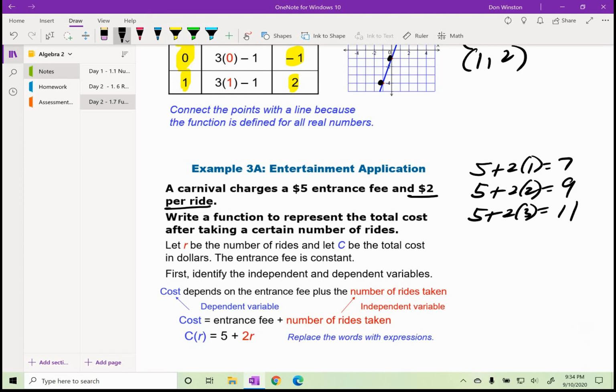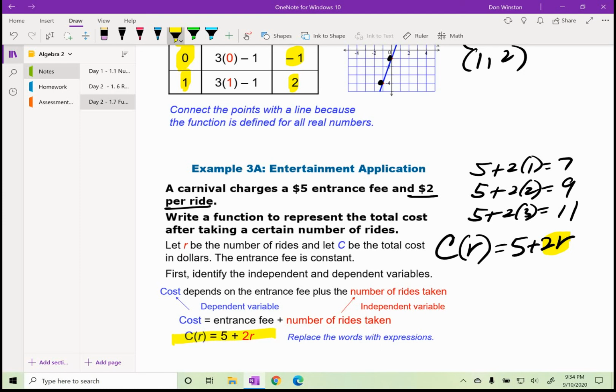That will be 11. So my function, the cost, and we'll use C to represent the cost, is a function of the number of rides. We'll use R for rides. The equation then is $5 for the entrance fee plus $2 for every ride. So the cost depends on R, the number of rides.